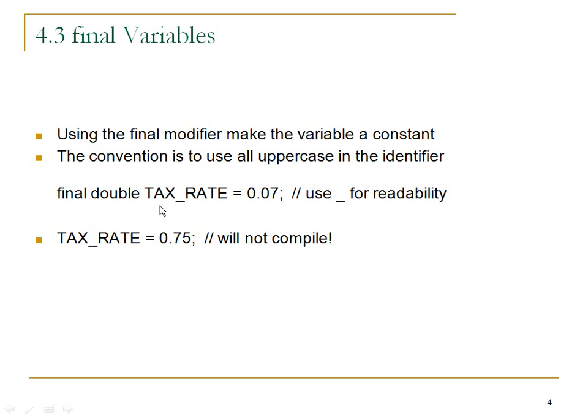So if you have a variable that's a double and you want it to always be 0.07, then by convention you use all uppercase letters, and for readability the underscore. In your regular variables that aren't final, you're going to use camel case. That means you don't have any underscore character in your identifiers. But in the final, all uppercase and then an underscore for readability.